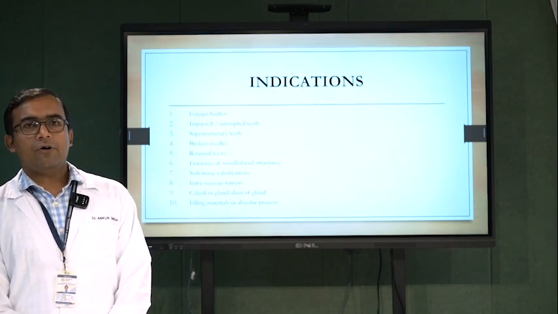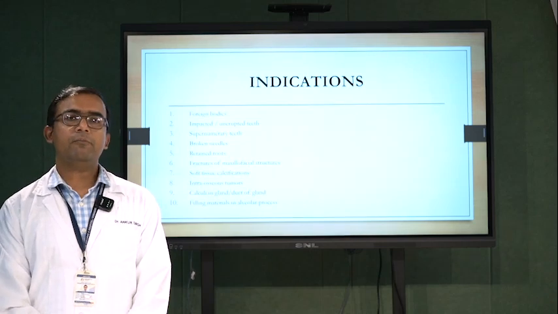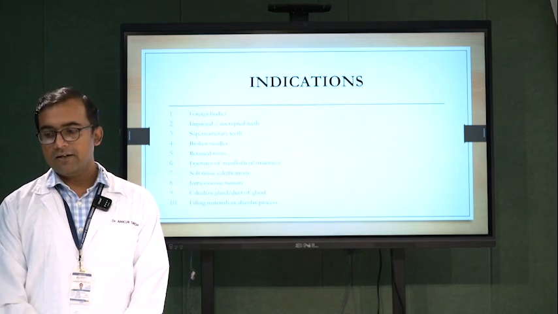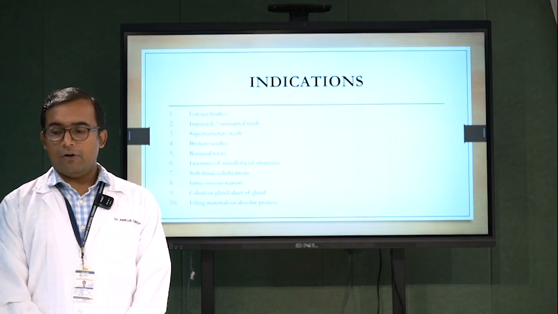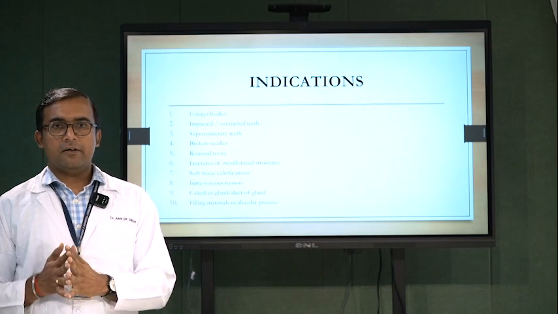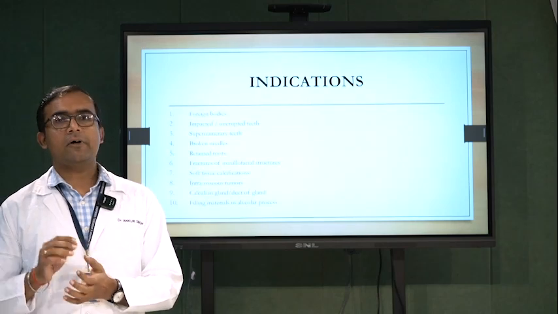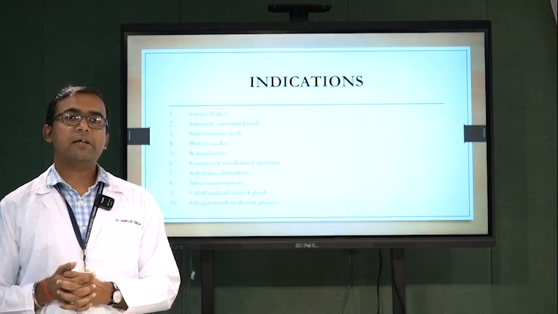So indications of performing this technique is to localize a foreign body in the jaw or the body, some impacted or unerupted tooth if they are not completely erupted or impacted inside the jaw, to pinpoint where they are present.